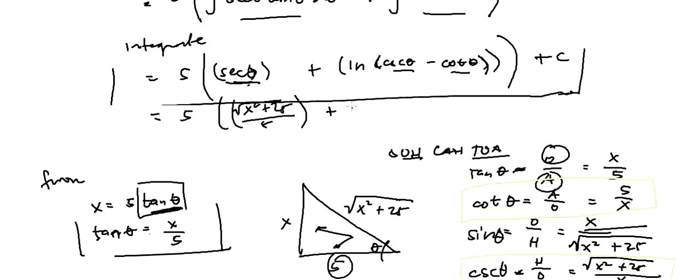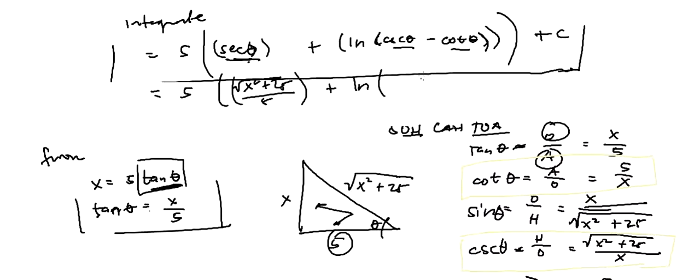Then plus ln of our cosecant, which is square root of x squared plus 25 all over x, minus cotangent, which is 5 over x. Then plus c.